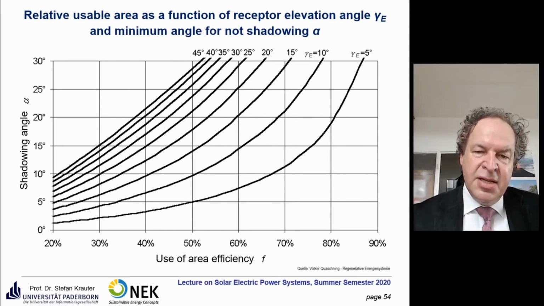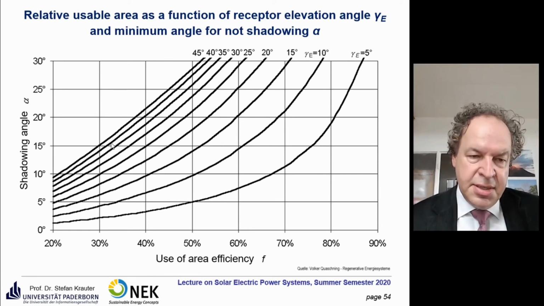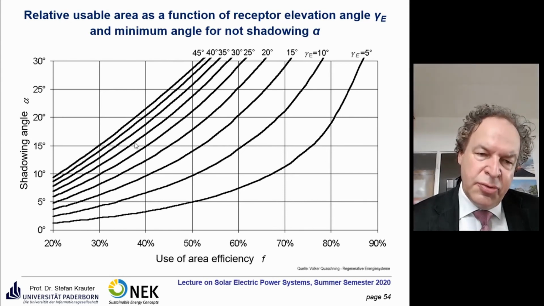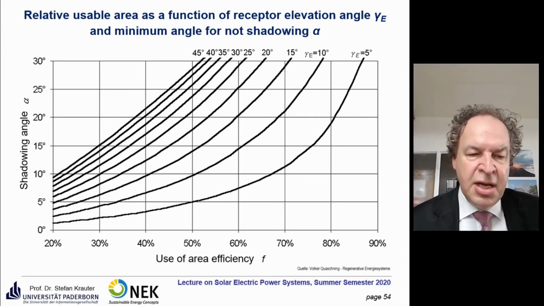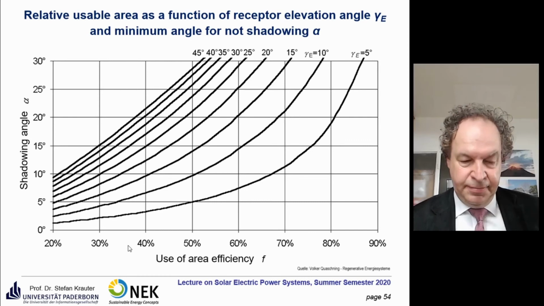If we go to 14 degrees, and then the module elevation angle, which is typically 30 degrees, we come to that curve. Then for Berlin in winter, if you don't have any shadowing, we have a use of area efficiency of about 35% if you go down here to the x-axis.